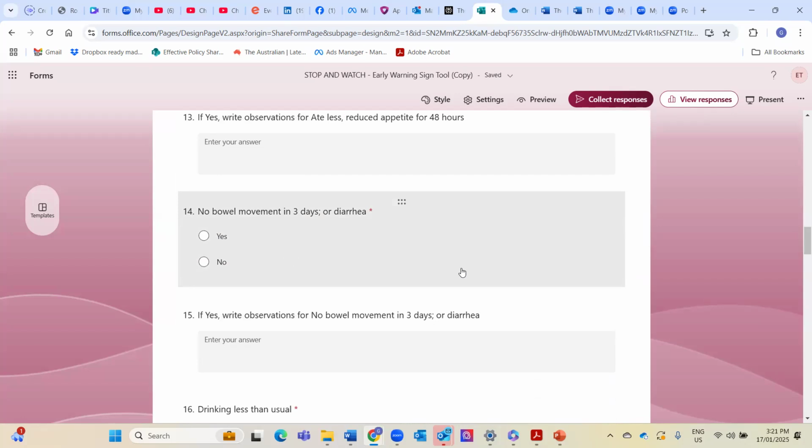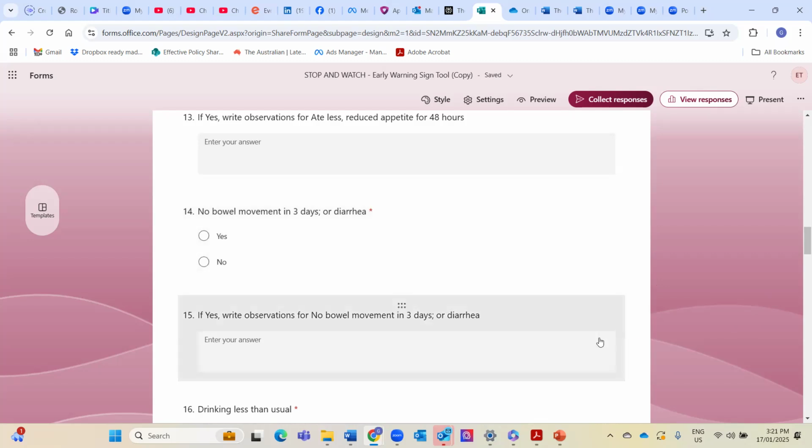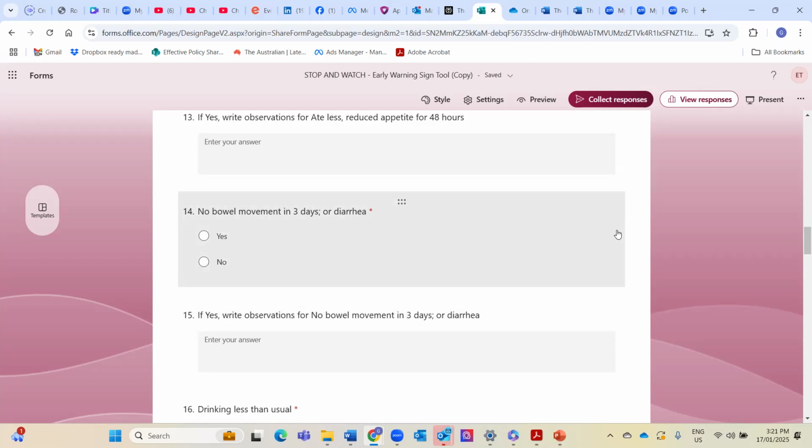Some people use Microsoft Forms, others use Jot Forms. There's so many different ways to do it, but it's ready-made and you just duplicate it in the format that you want. So that is our detecting and communicating deterioration presentation and one suggested tool for doing so that is well used.